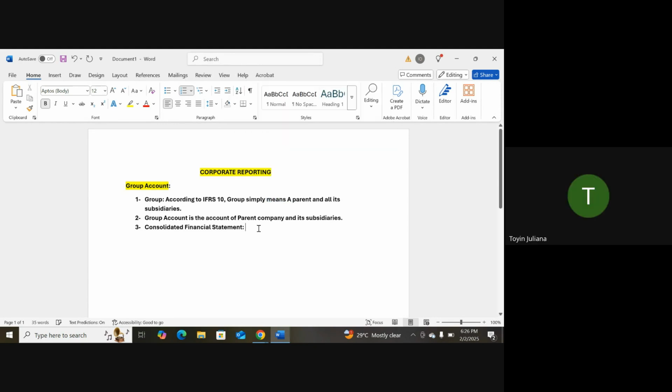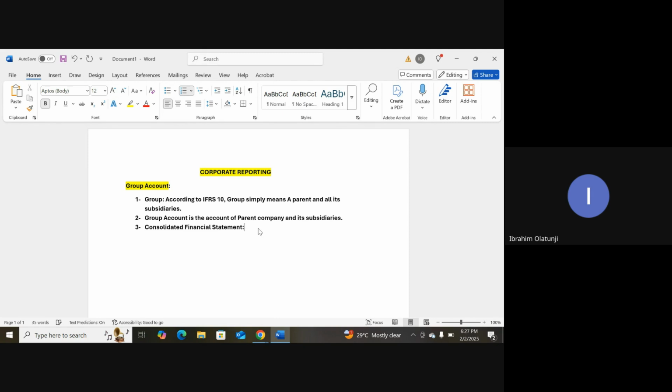You explained consolidated financial statement, and you said it is a financial statement of the parent company and all its subsidiaries prepared as a single account. Okay. So when we are doing consolidation, we consolidate the parent and subsidiary together and present it as if it's a single entity. That's what we mean by consolidated financial statement.